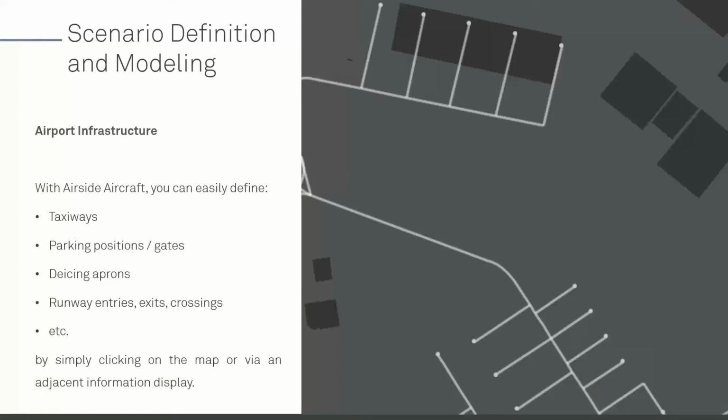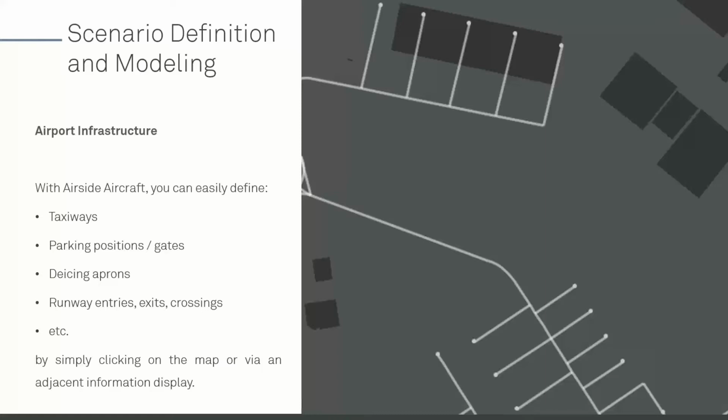Now let me talk a little bit about how scenario definition and modeling works. And I'm going to give you also a brief demo in a moment. So airport infrastructure, what can you model with AirTOP? You name it. With the Airside Aircraft module, you can define new taxiways, the parking positions or gates, de-icing aprons, the location of runway entries, runway exits, runway crossings.